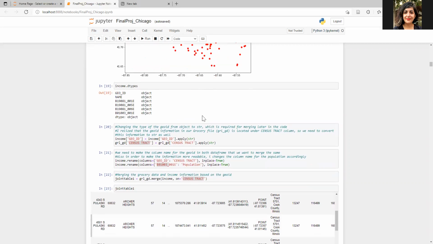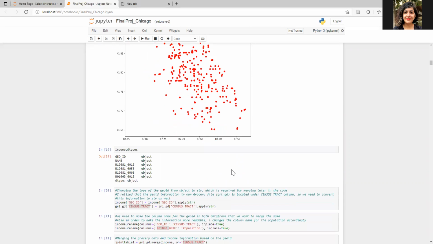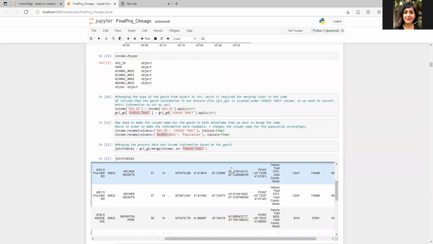So I moved on and started to look at joining my tables to be able to bring in more than one data set into my map to start my analysis. The very first step was to make sure that when we are joining tables together, well, join is a GIS term, I mean merging tables together, we need to make sure that our merge base is labeled the same.